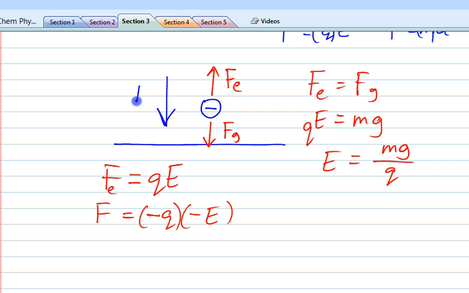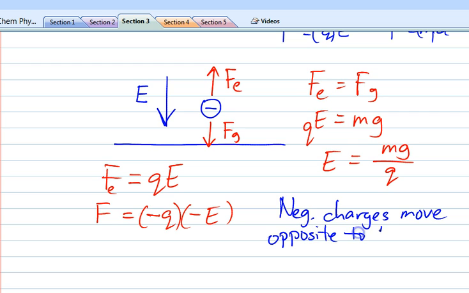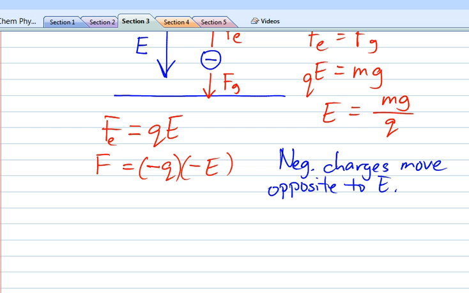So the field would have to be this way. Let me say that again: negative charges move opposite to the electric field. That's why if there's a force upwards on it, there has to be a field downwards. Okay, so that's 55.